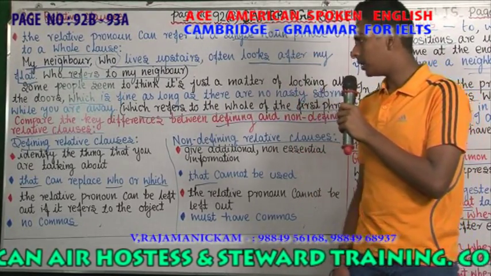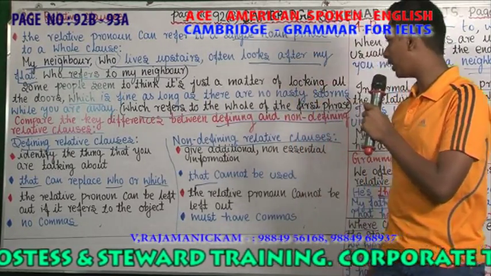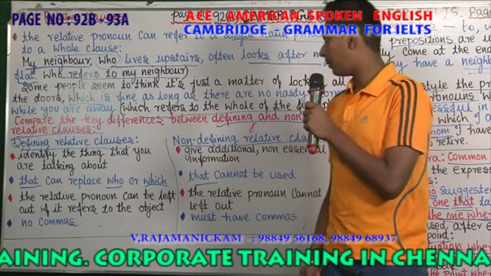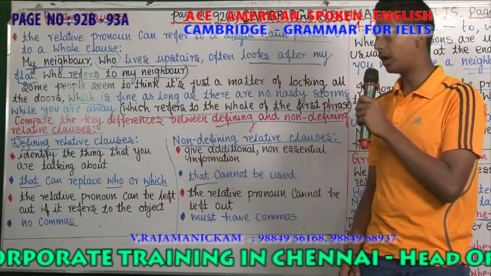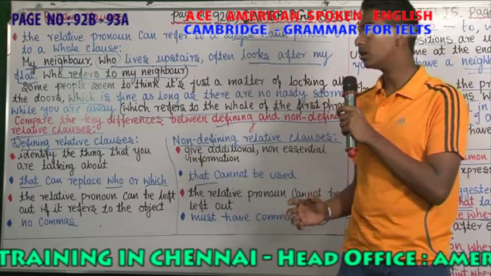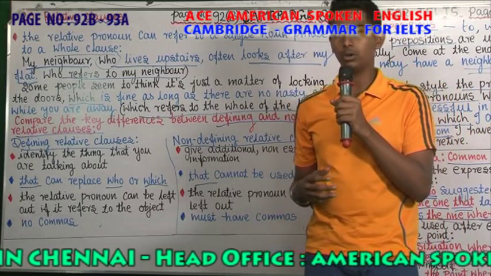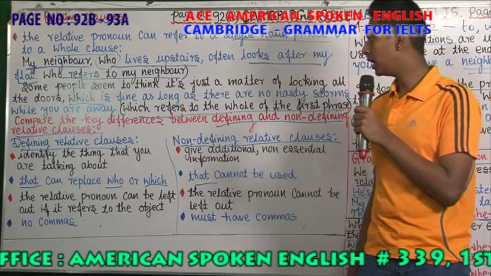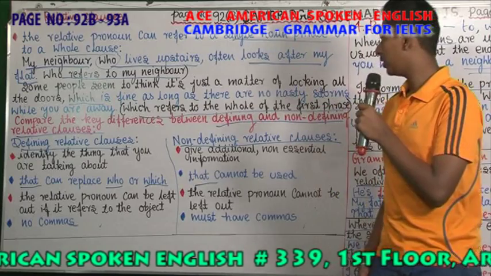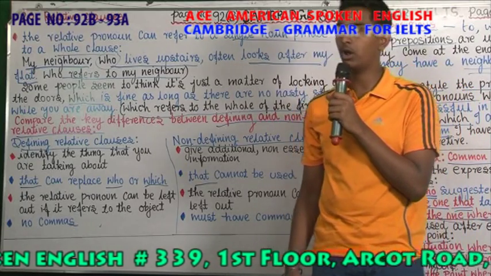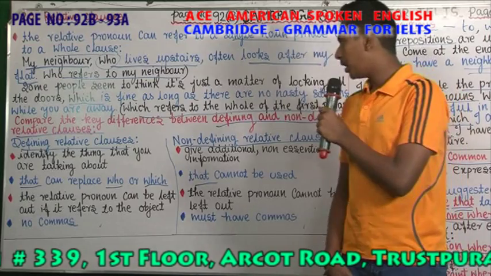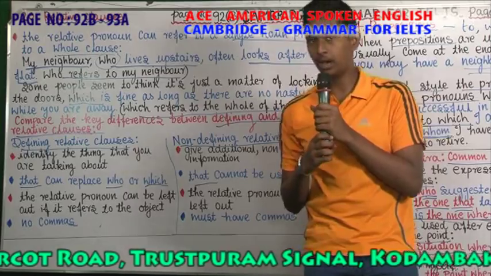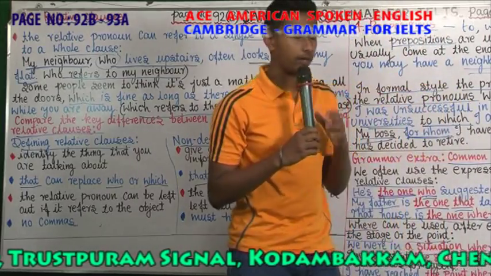Defining relative clauses identify and give important information about it, whereas non-defining relative clauses just give additional information, and that can be used in defining relative clauses, whereas in non-defining relative clauses you cannot use that. Commas are not used in defining relative clauses, whereas commas are used in non-defining relative clauses.